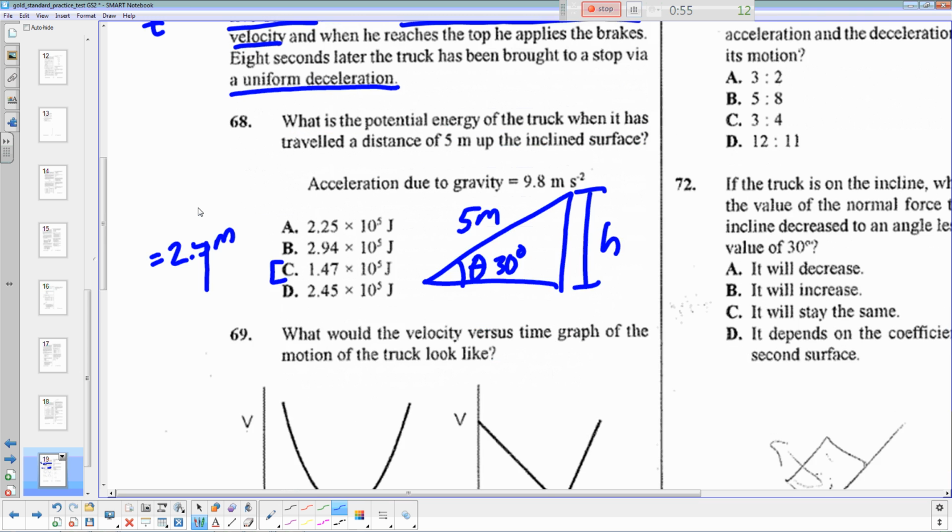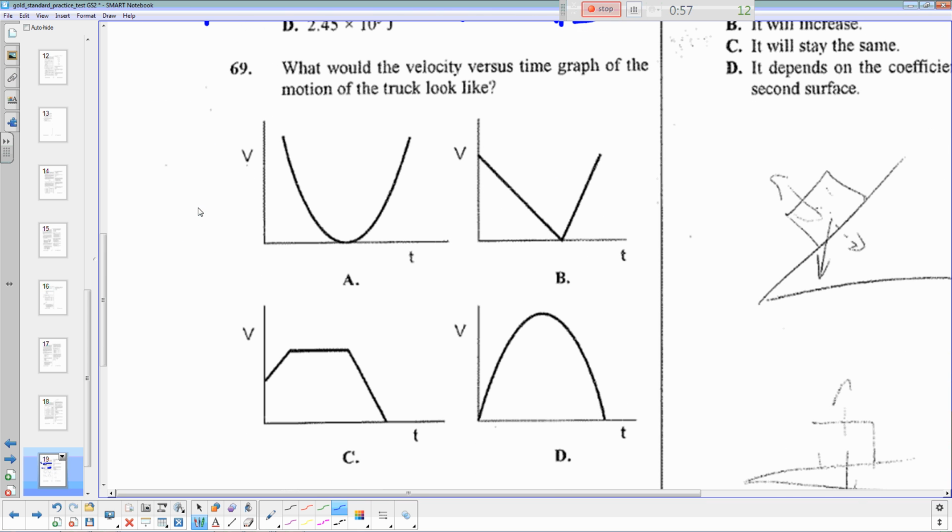All right, let's go back down. So which of these is the plot that gives the velocity versus time?